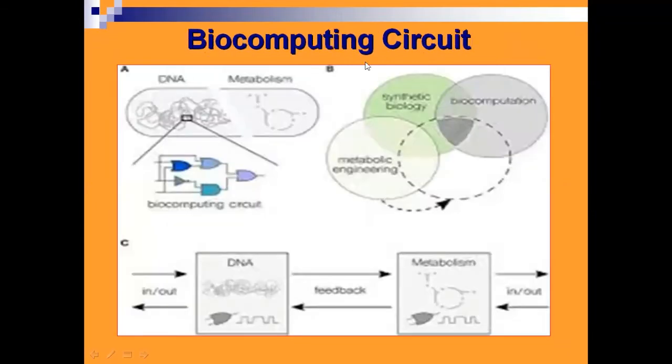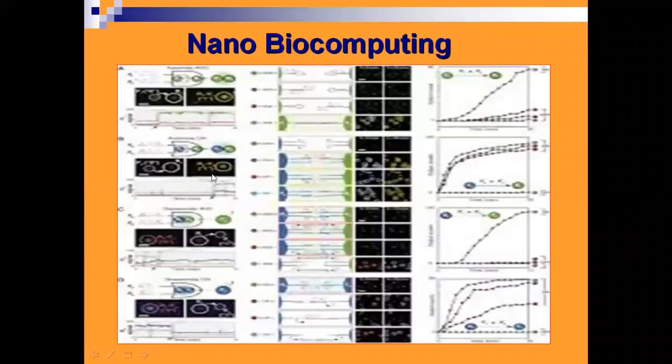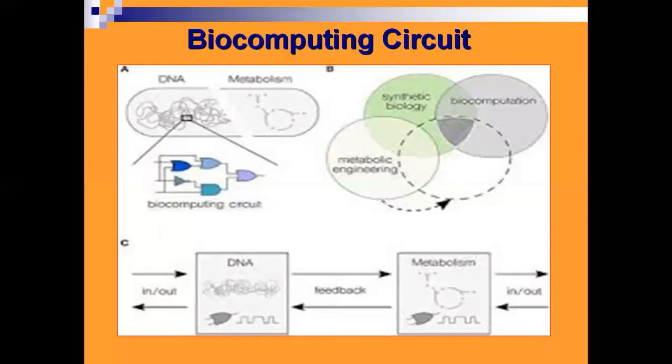So, the concept of biocomputing in the DNA circuit. I said biocomputing is done. That is going to do all the work in the DNA computer. What is this concept of biocomputing? Here is the biocomputing circuit. This circuit is made up of diodes, and in that, neurons are there. In the previous video session, we have seen neuronal junctions and the neuronal network. That network is used here in the DNA computer.